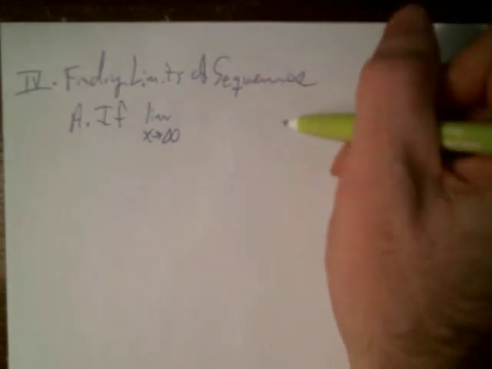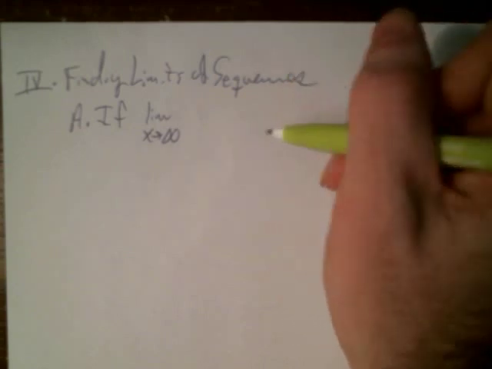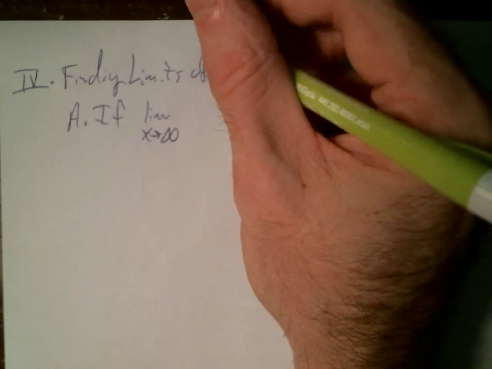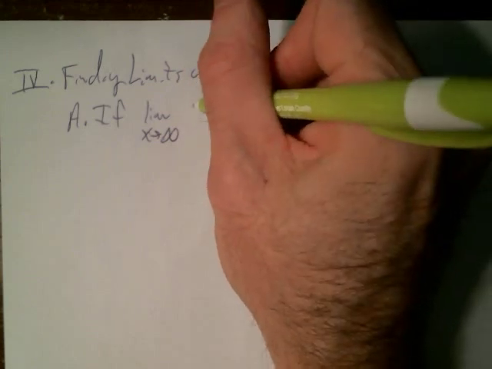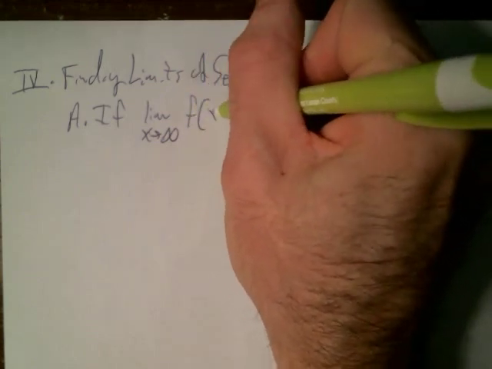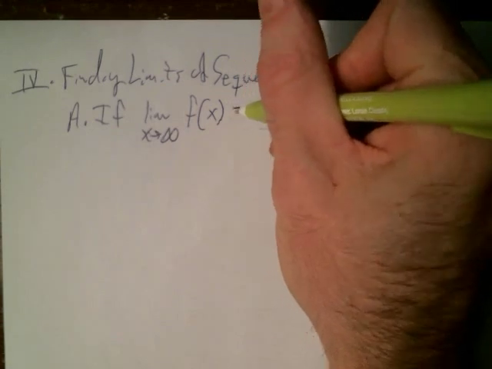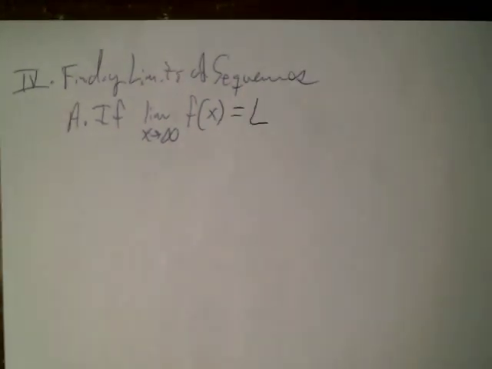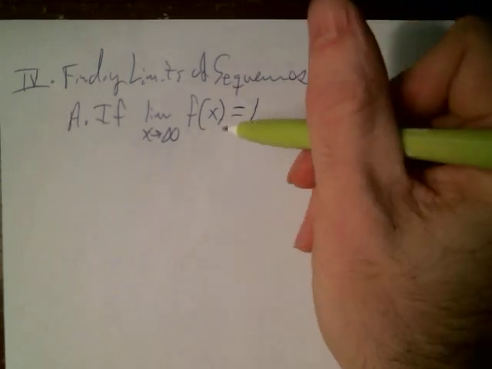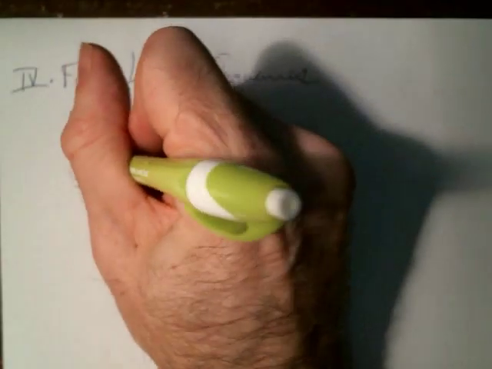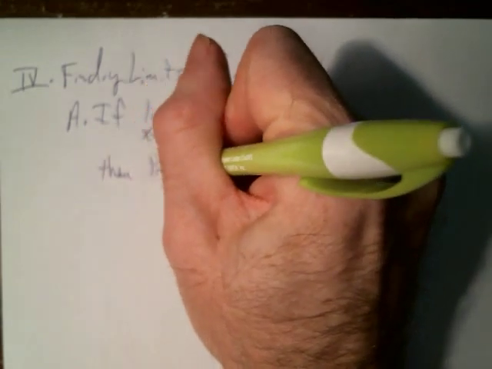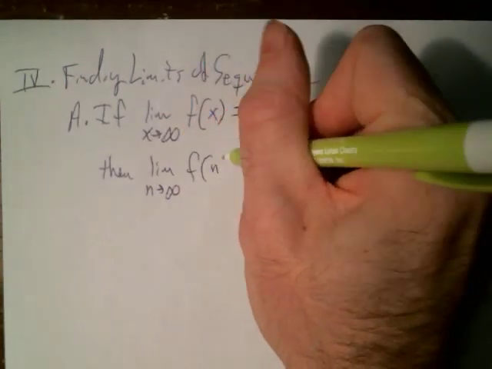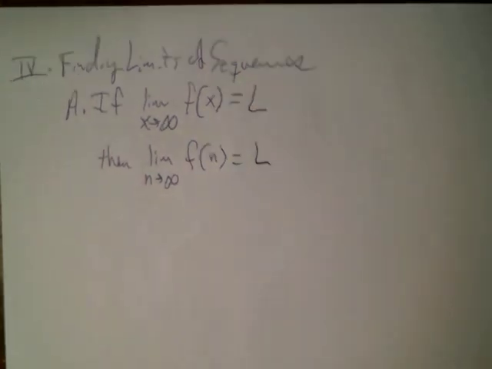So it's not a continuous function. It's not something you can draw without picking up your pen. But it turns out the rules that you learned in calculus supersede the limit of a sequence. So if the limit of the function is equal to L, you know automatically the limit of the sequence is also equal to L.